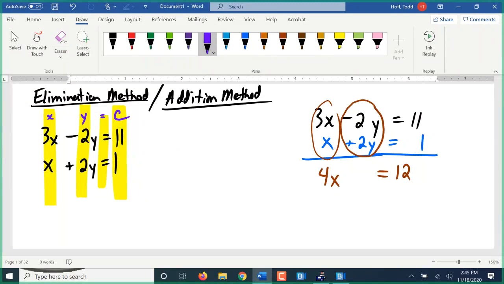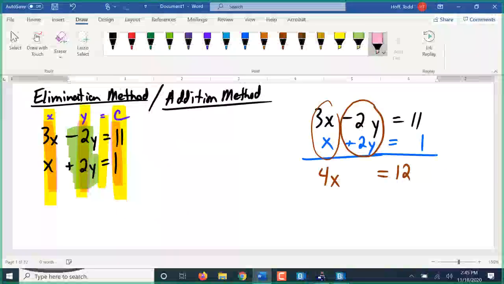The second thing that has to happen is you'll notice we had a negative 2y and a positive 2y. You have to have a variable that's going to cancel out when we add them together. Because once we've got them lined up here, all we're going to do, like we did over here, is just add down the columns. The 3x plus x gave us the 4x.